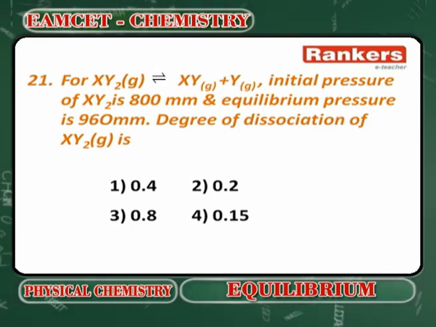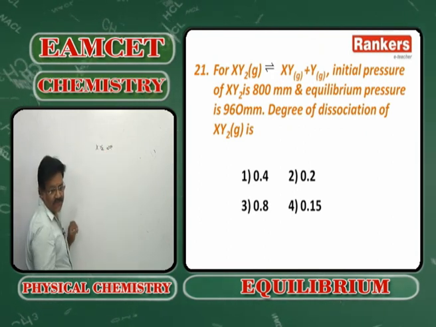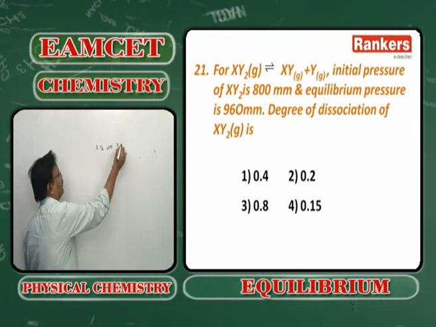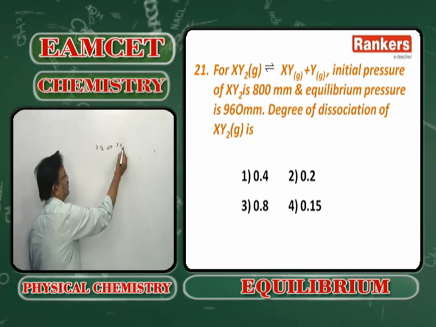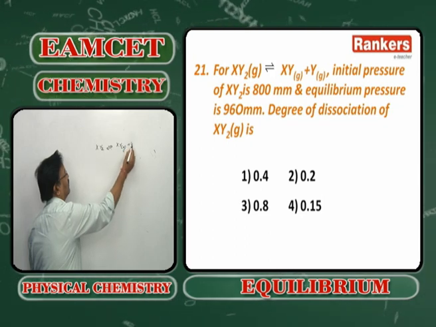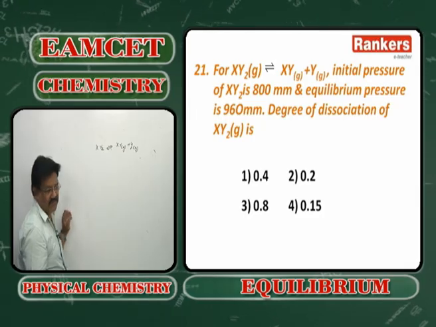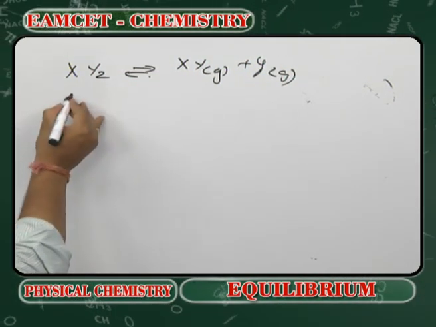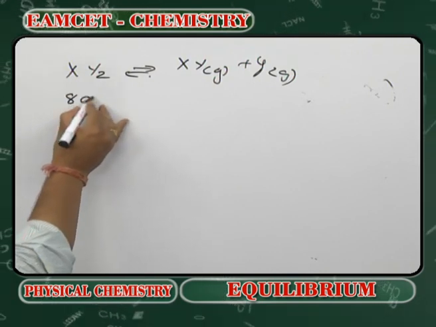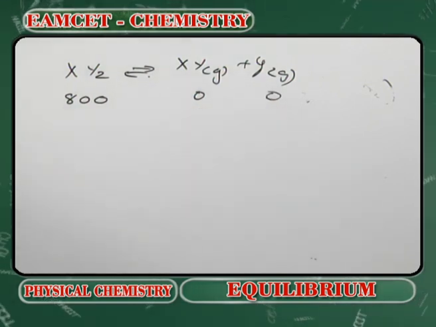XY2 gives rise to XY plus Y. What is the initial pressure? 800, 0, 0.